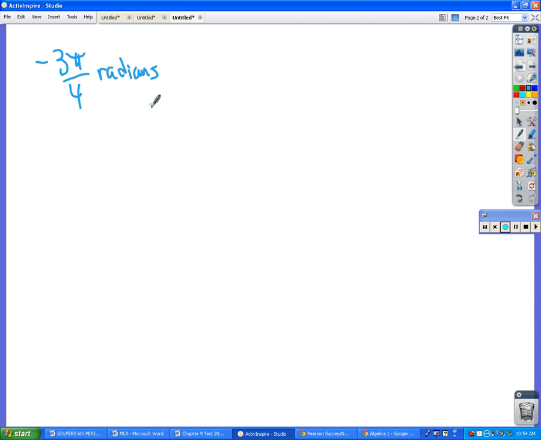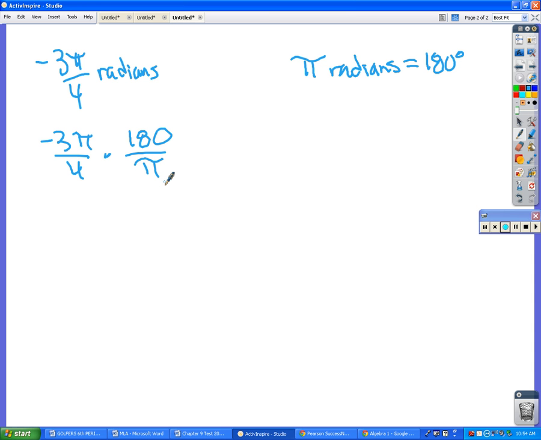Or if I say 45, you know what a 45-degree angle looks like. So to help you understand that, we're going to learn to translate between radians and degrees. Since pi radians equals 180 degrees, the way you change radians into degrees is you multiply by 180 over pi.